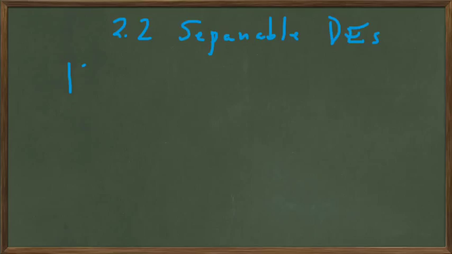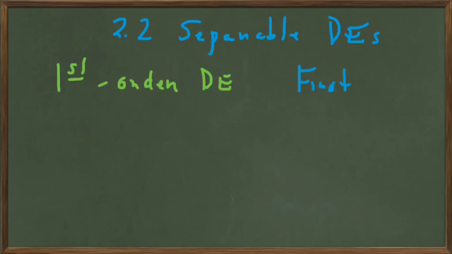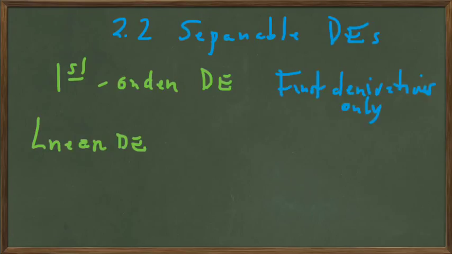So let's define some terms here. A first-order DE is one that only has first derivatives in it, and that's where we're going to spend the first several weeks of the course. And we want to talk about a linear differential equation. That's going to be one where all of the derivatives and variables are only to the first power, so it's line-like in that sense.